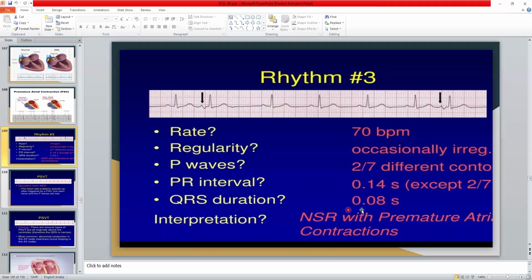And QRS duration is almost the same, that is 0.08 seconds. With these parameters, the interpretation is normal sinus rhythm with premature atrial contractions, because here the rhythm is regular.